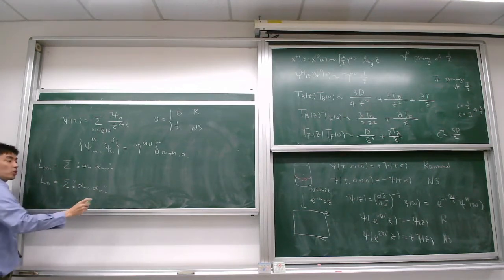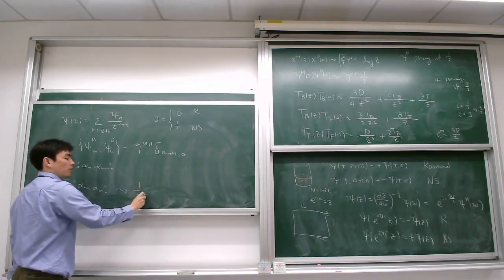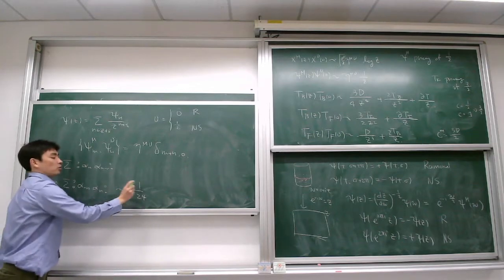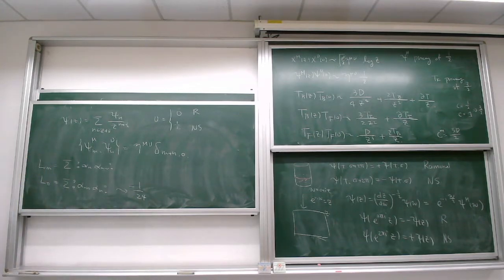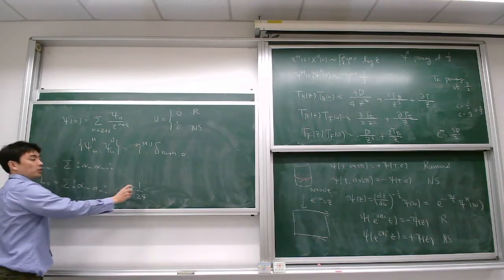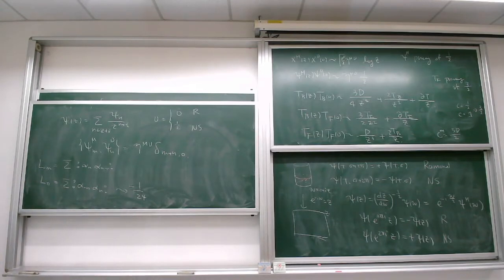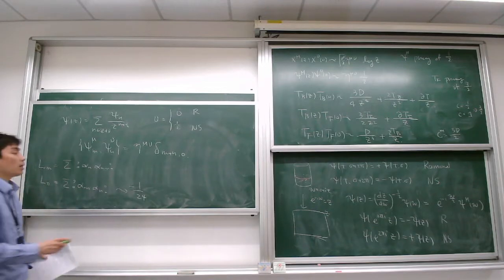From this commutation relation, you get 1/24 from each dimension, minus 24. We will do the same thing. Then that times d minus 2 will give you the tachyon energy, the tachyon mass. So we will do the same thing for including these fermionic degrees of freedom. Okay, let's move on for a while.